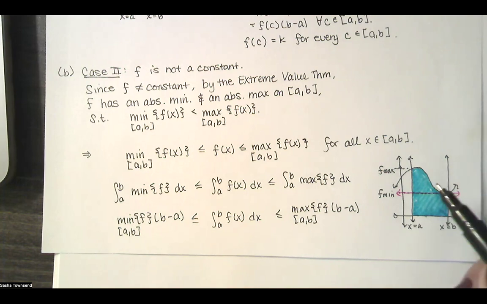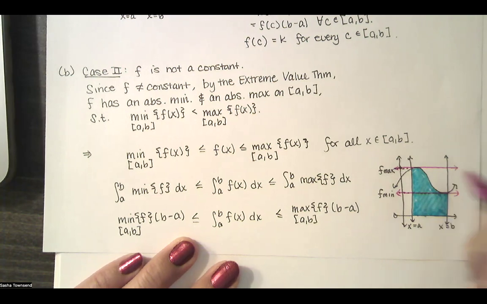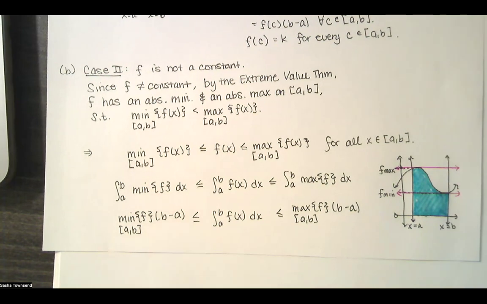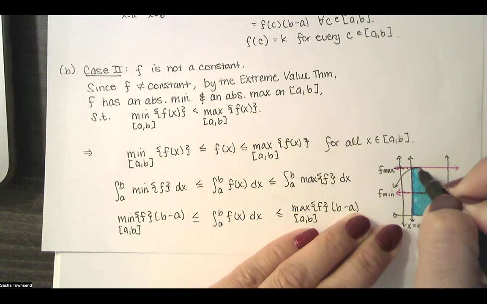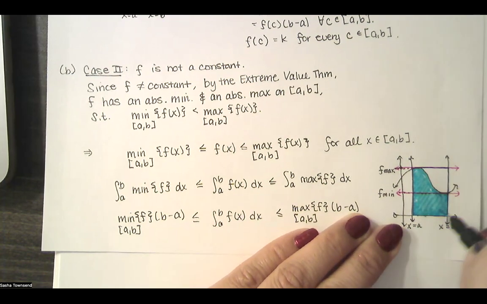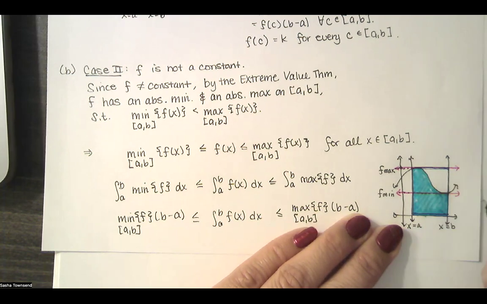And then you'd say, okay, well, what about the area of the rectangle with f max as its height? So I'm looking at sort of this larger area now. Well, obviously the area of that larger rectangle is greater than the area under the curve.